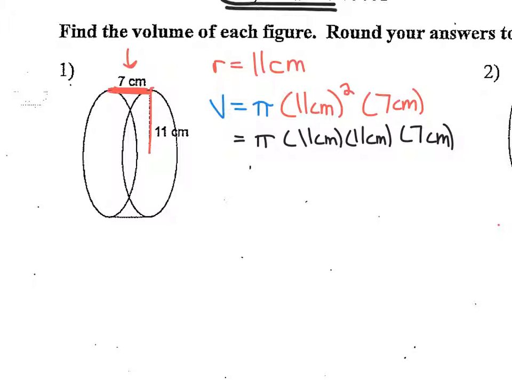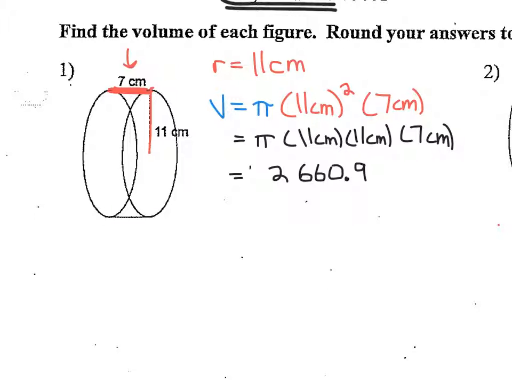So on your graphing calculator, go ahead and multiply out pi times 11 squared, which is 121, times 7. And you should get 2,660.9.